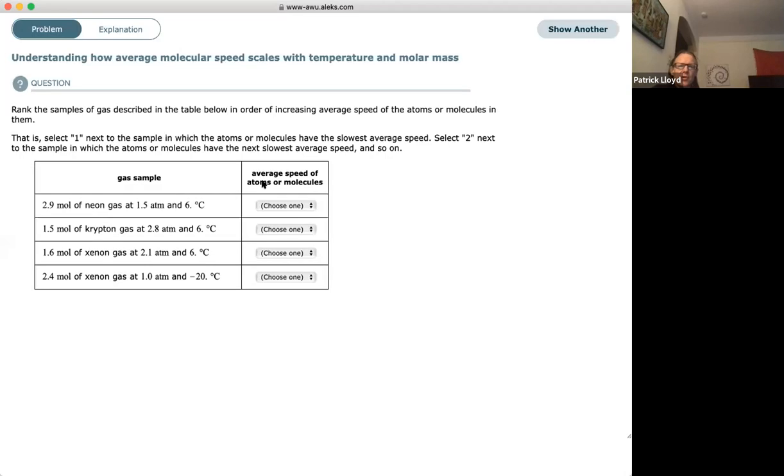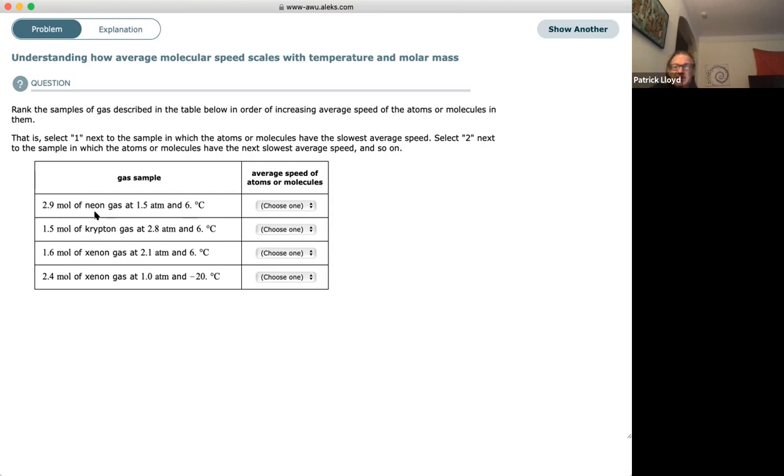So let's come back here. What do we have? The first one, again, you don't need to know the moles or pressure. It's the temperature that's important and what the substance is, because that tells you the molar mass. Now, this is neon at 6 degrees C. You could calculate the molar mass of neon.